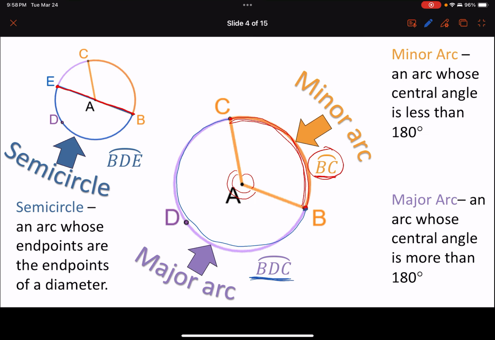So you can immediately tell if something's a minor arc because it will only have a 2-letter name, but BDC is a major arc, and semicircle BDE, starting at B, going through D, ending at E, is also named with 3 letters. It's a semicircle. So when you see 3 letters, it could be a semicircle or it could be a major arc. You have to determine what the central angle is to know which one it is.